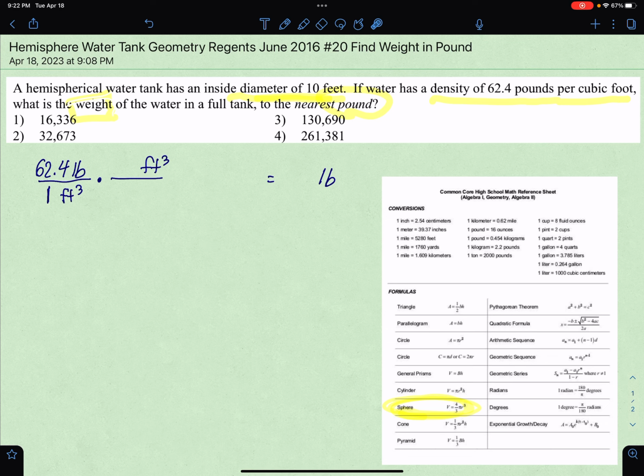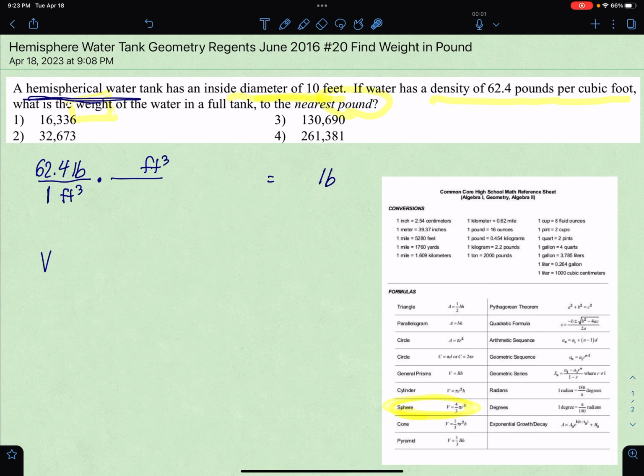So think about what gives you cubic feet. That would be volume. Volume measures how much space something takes up, and it measures the cubic units. So here we need to find the volume of the hemisphere. Now let's write down volume, and then let's look at the formula sheet.